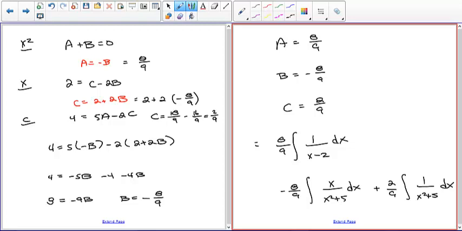And this one would end up being 1 over the square root of 5 times the arctangent of x divided by the square root of 5, times 2/9. Let me go ahead and write that all out.